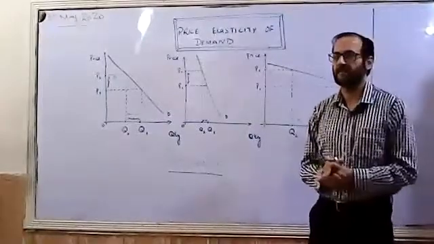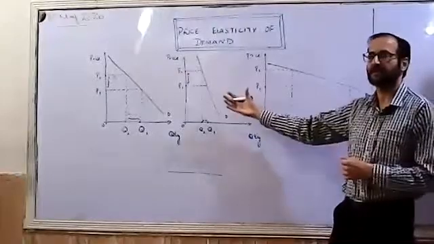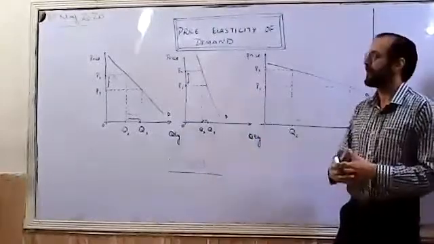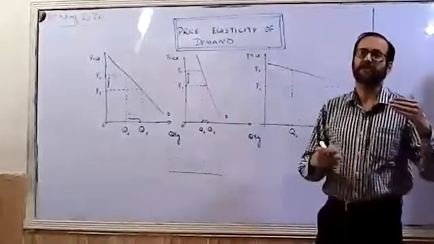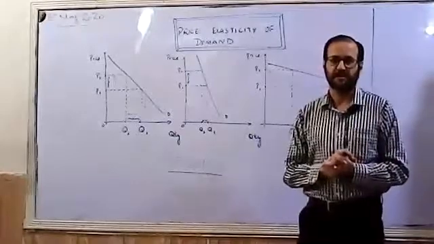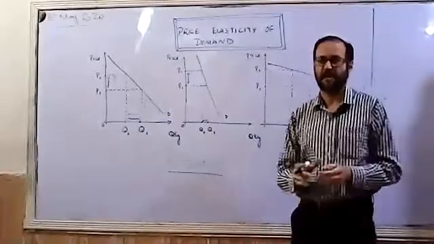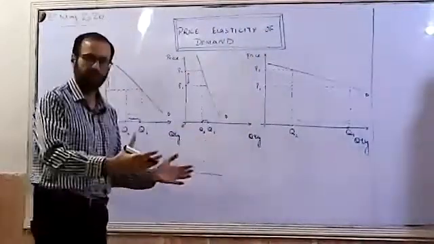For today's lesson, we're just going to find out what the shapes of the elasticity demand curves are, how we calculate them, and what the various ranges or levels of elasticities are, so we could describe whether it is elastic, inelastic, or whatever.